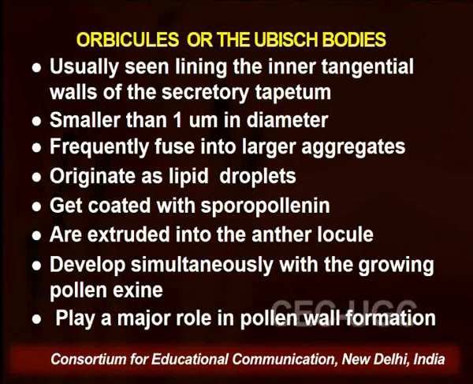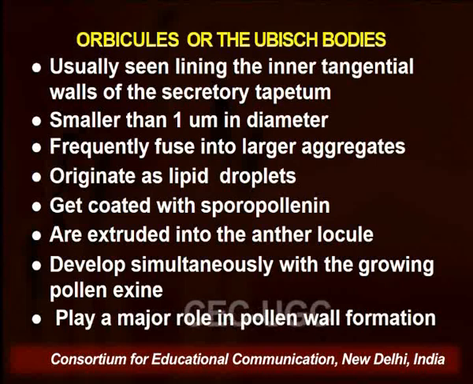So, the ribosomes along with these lipid droplets actually have to move from the cytoplasm of the tapetal cell into the space which is present between the tapetal membrane and the tapetal wall.